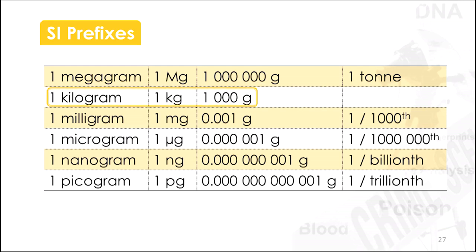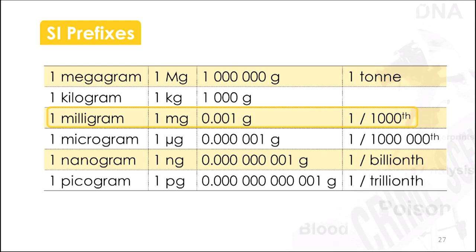So kilo is the prefix which indicates 1,000. So a kilogram is 1,000 grams, and if we want to go bigger, we have a megagram, which is 1,000,000 grams, which we usually refer to as a ton. But we're interested in smaller quantities. So when we go down in size, we come to the milligram. The milligram is 1,000th of a gram. A milligram of material is typically big enough for you to see with the naked eye.